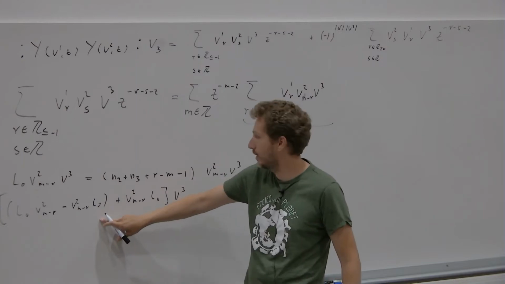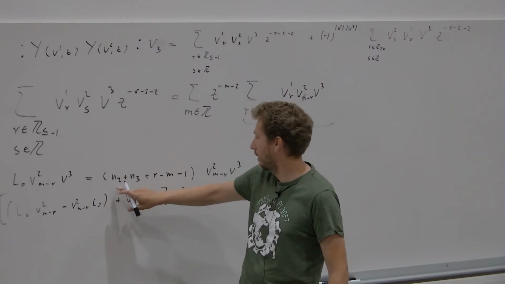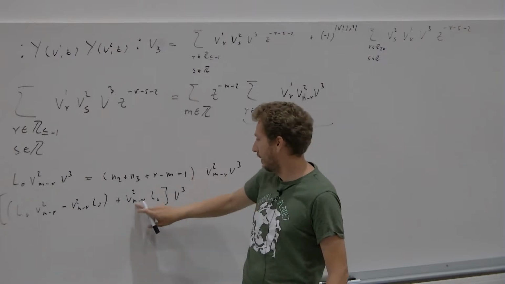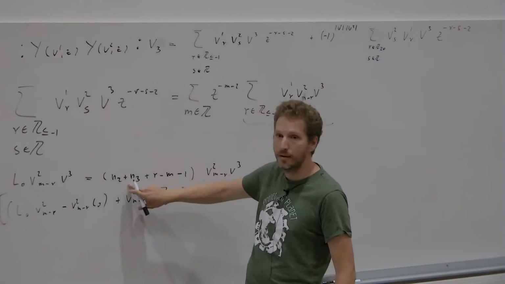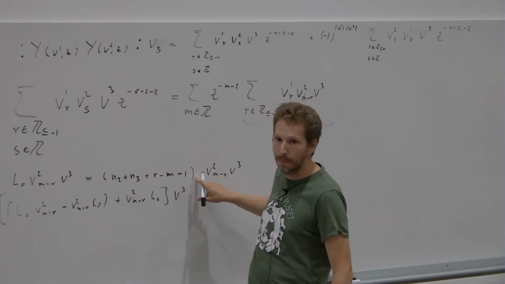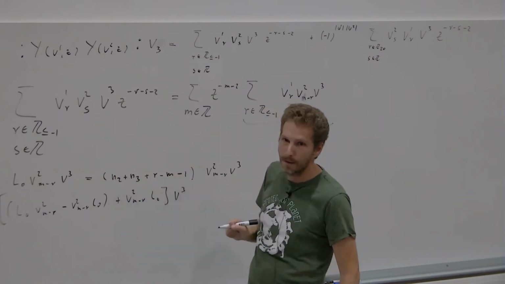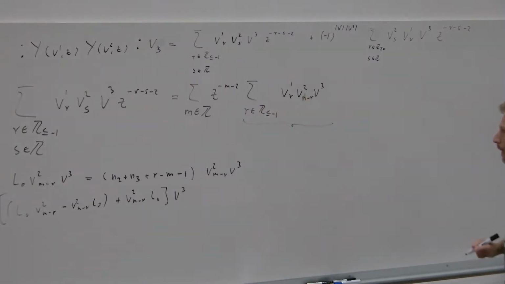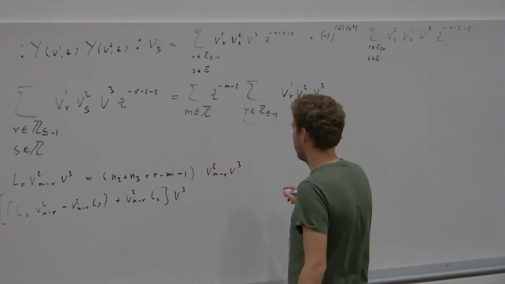The commutator I know, it acts as n2 plus r minus m minus 1. And here I know that V3 has eigenvalue n3. The two add up, and I get this expression. Okay, so what does this tell us?